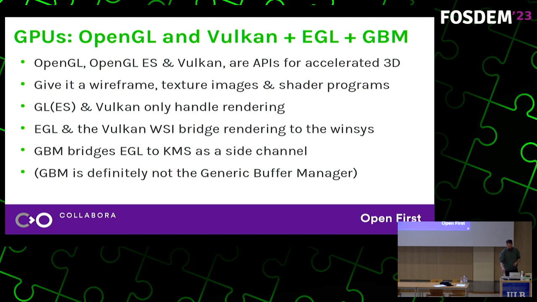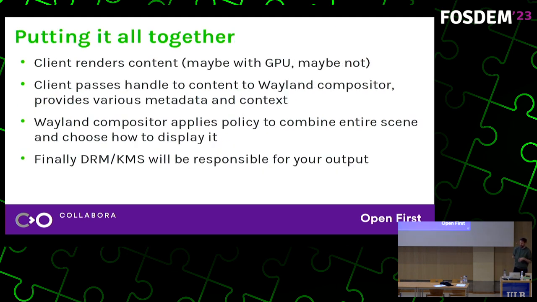So at the end of all that, before we get into something more meaty, we've got the clients rendering the content, maybe with the GPU, maybe just on the CPU, maybe it's just doing memcpy. It will pass a handle to that content over to the Wayland compositor with some metadata, some context.